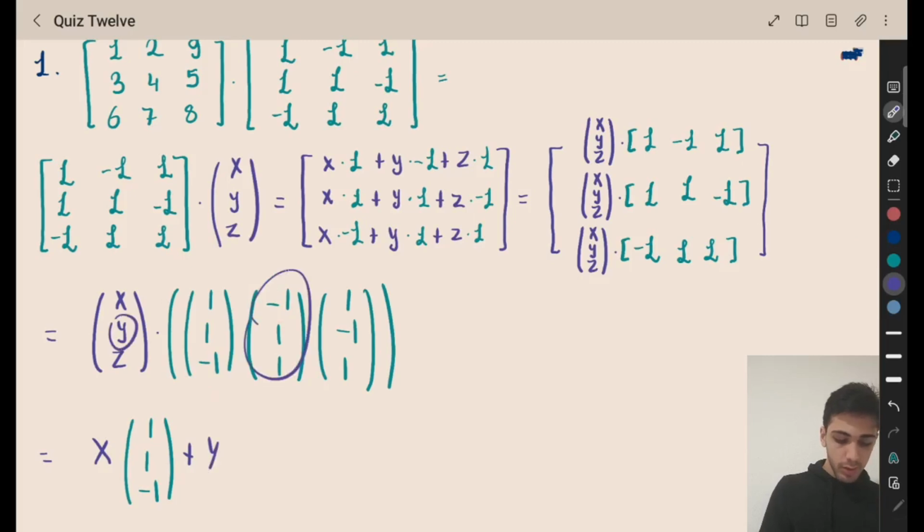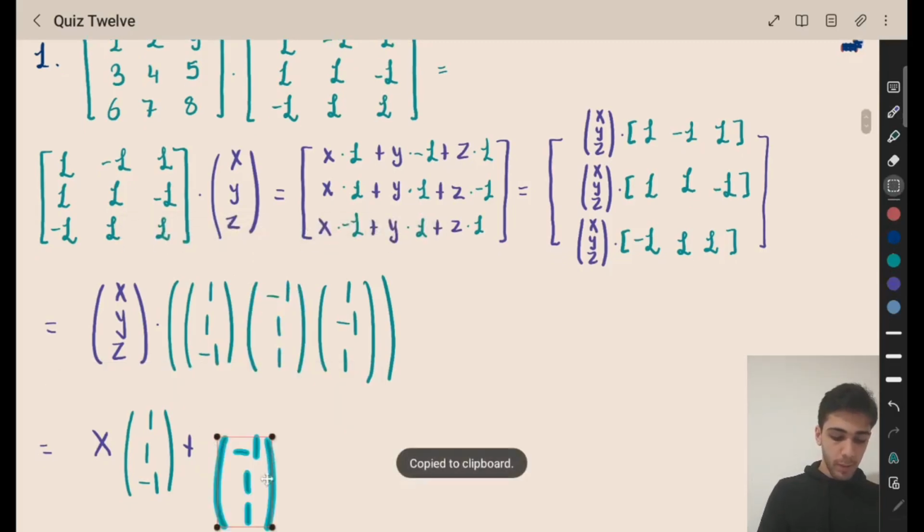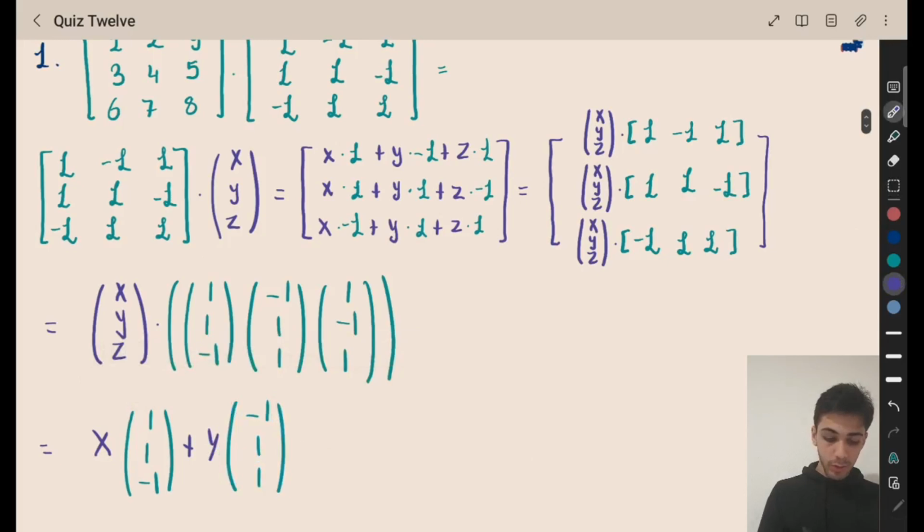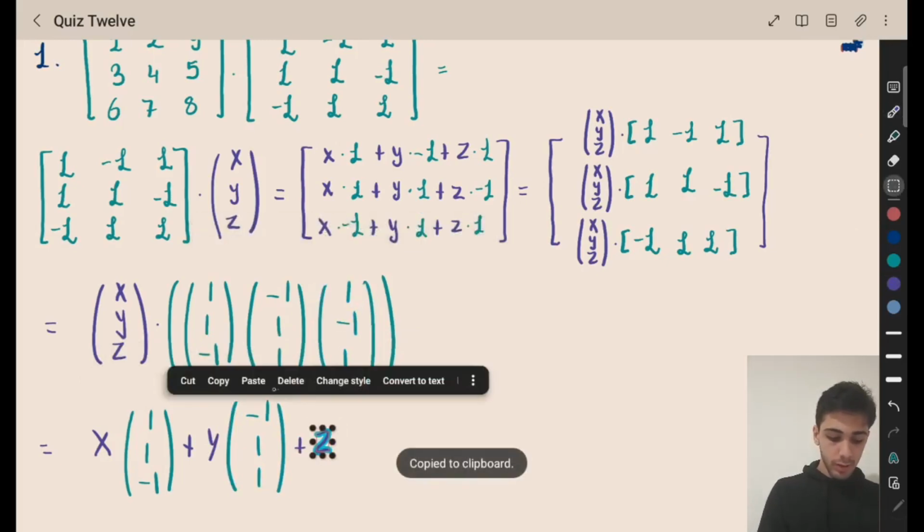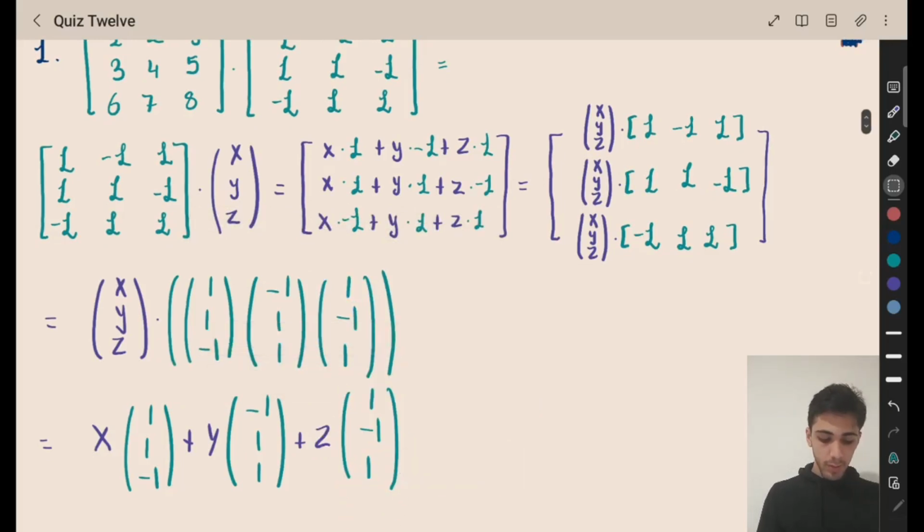Take the second component with the second component. Now I hope this is not too weird. I know that the second component is a whole vector, but just bear with me. And the third component with a whole vector like this one. And then we obtain this or that when we distribute the constants. You could think of x, y, and z as constants, which we scale the elements of each vector by.